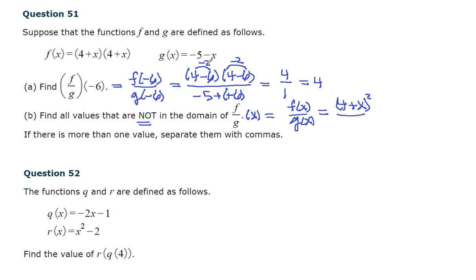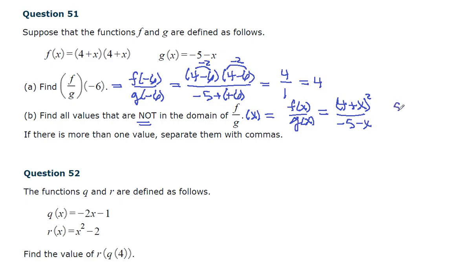And then your g of x is the negative 5 minus x. Well, the top is just a polynomial. It's always defined. But the bottom, whoops, I wrote a square there. I don't want a square. Negative 5 minus x. So the top is a polynomial. It's always defined. But the bottom, it can't be 0 because you can't divide by 0.